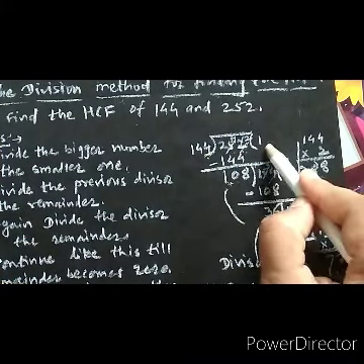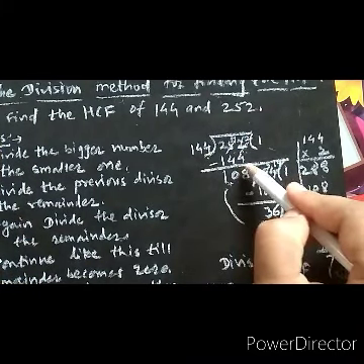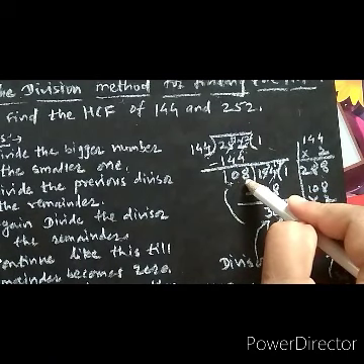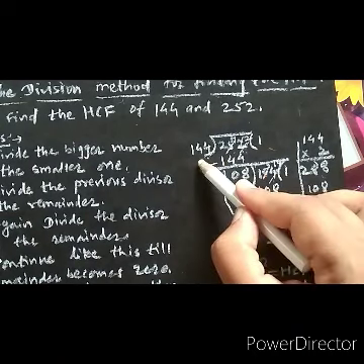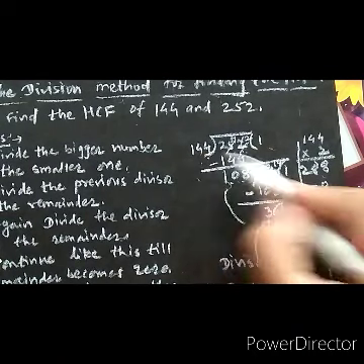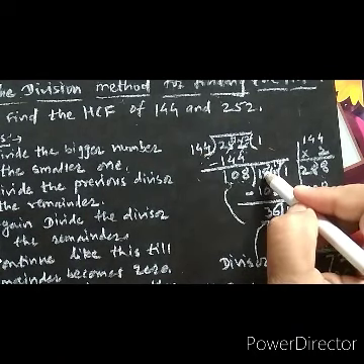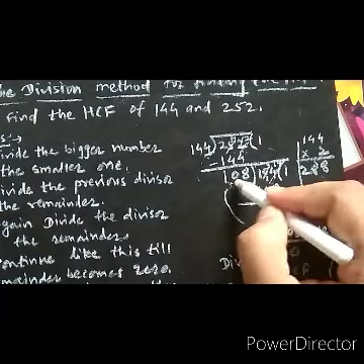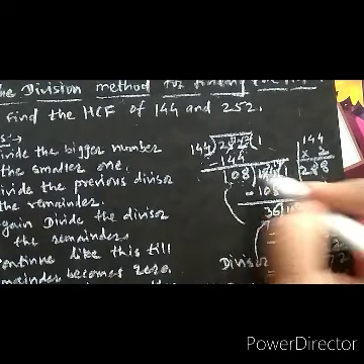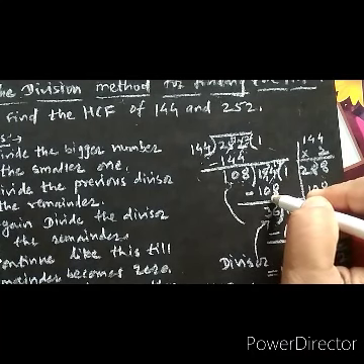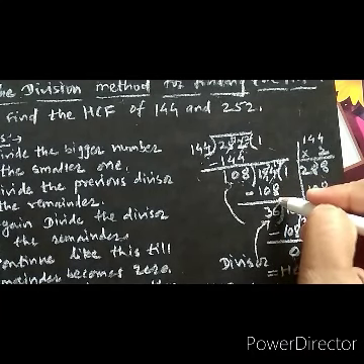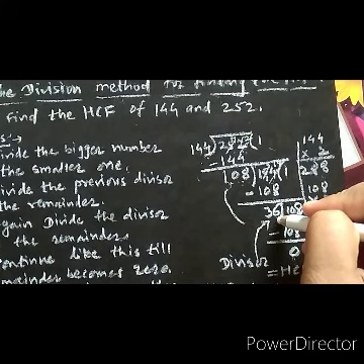So always remember, we have to take the bigger number, 252, which is divided by the smaller. 144 ones are 144. So 252 minus 144 gives 108. This remainder we divide into the previous divisor, 144. Now 144 divided by 108: 108 ones are 108. So 144 minus 108 is 36.